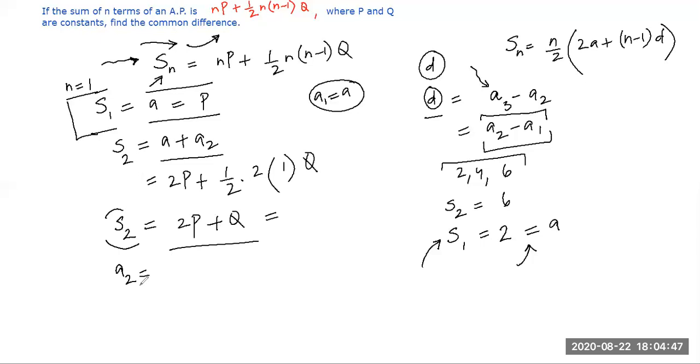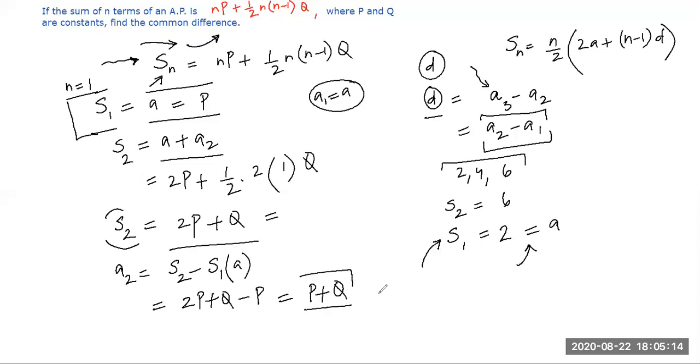So how can you find the second term? It is S2 minus S1. S1 is a. S2 is 2p plus q, and your first term is already p. So your second term is p plus q. Now you know the second term.